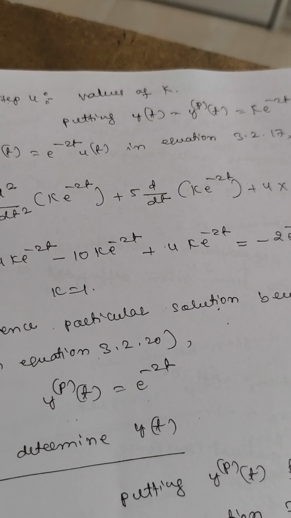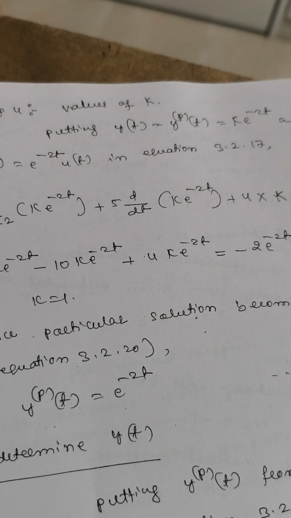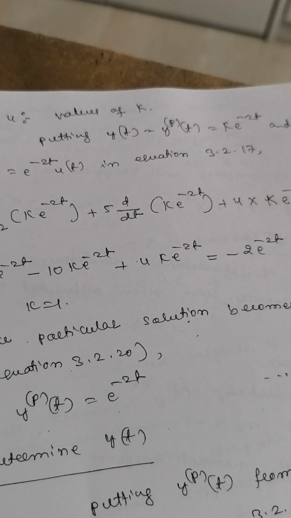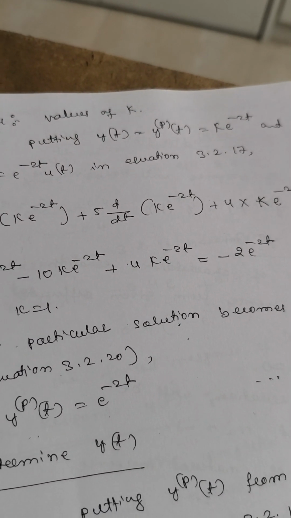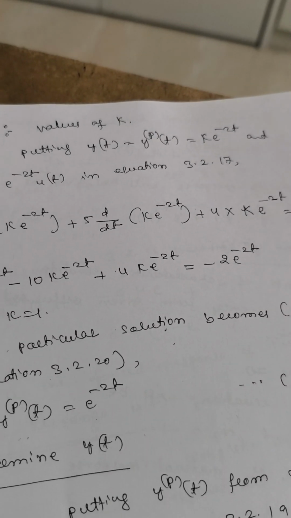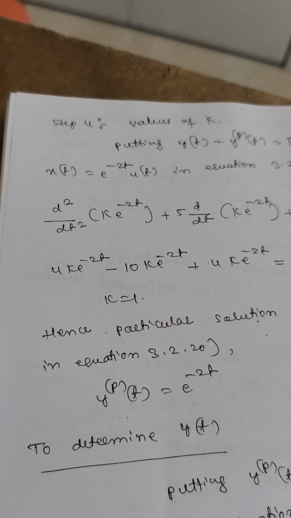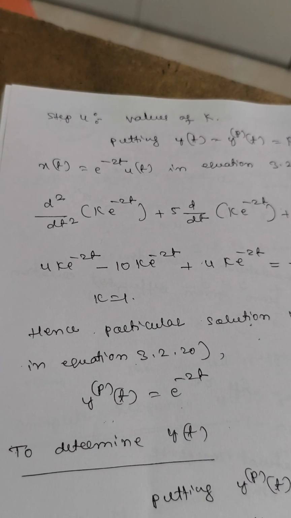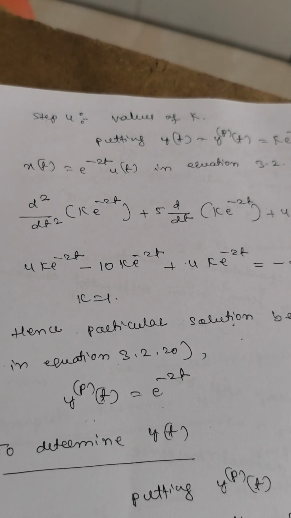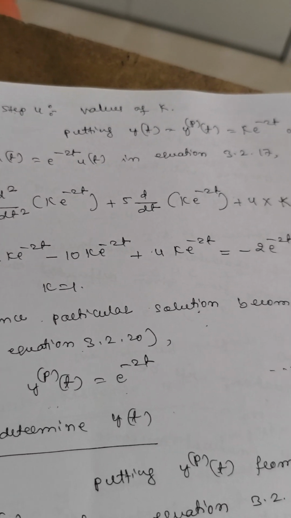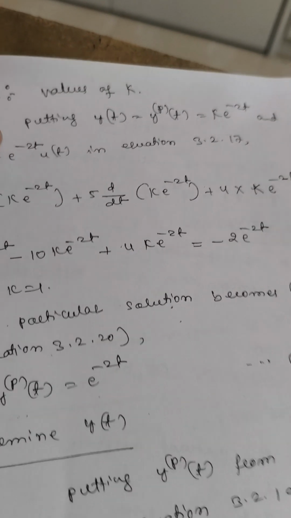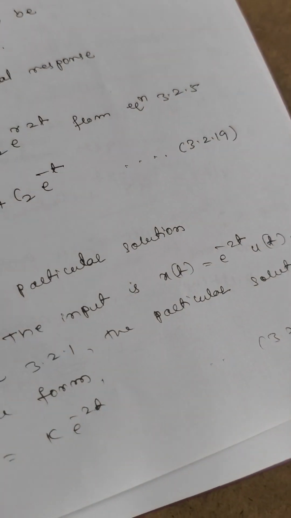Putting y(t) equal to y_p(t) equal to k into e raised to minus 2t and x of t equal to e raised to minus 2t, substitute these values in equation 3.2.7.